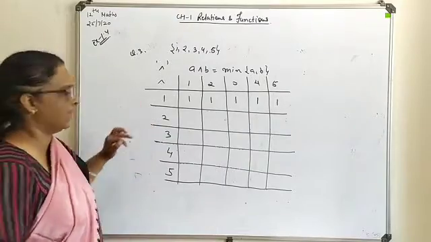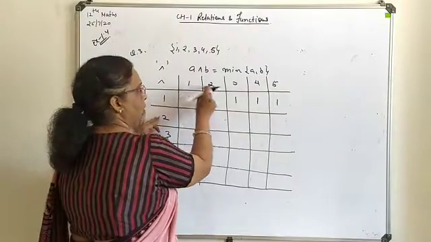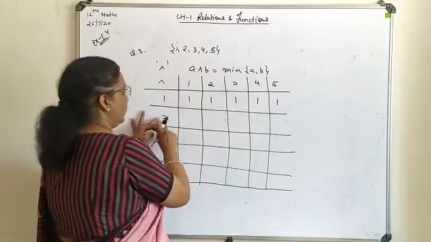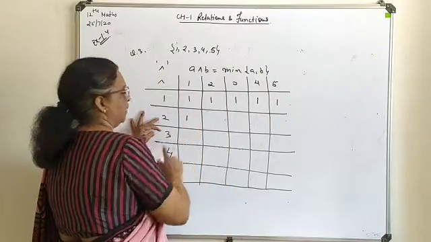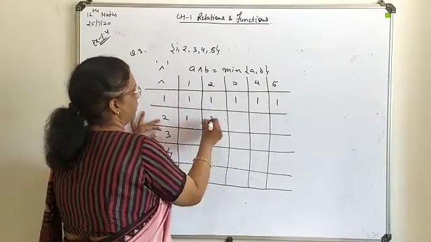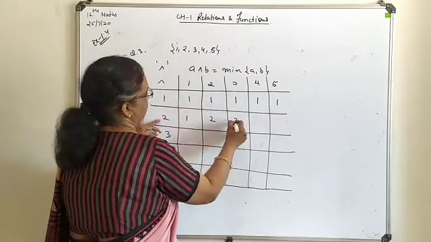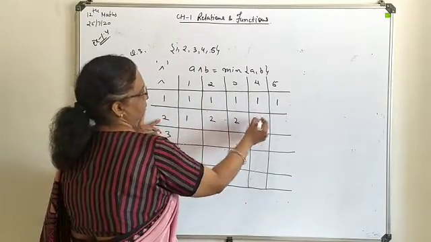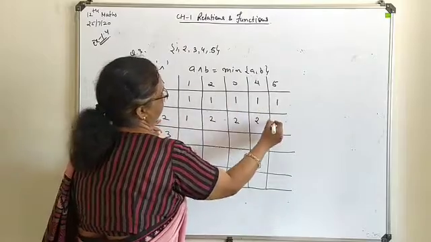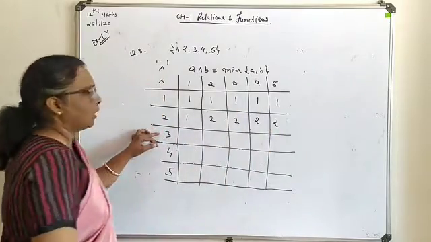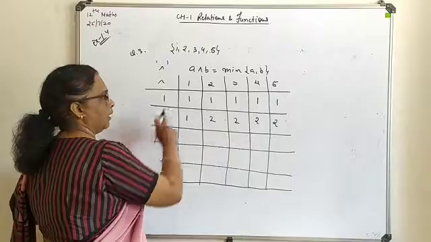This way it is to be filled up. Move to the second element and compare it with all these 5 elements. Minimum of 2 and 1 is obviously 1. Minimum of 2 and 2 is 2. Minimum of 3 and 2 is 2. Minimum of 2 and 4 is 2. Minimum of 2 and 5 is 2. Come to the third one, with the same criteria.